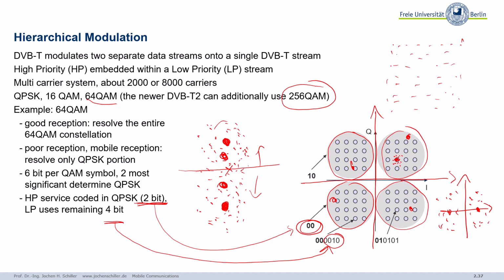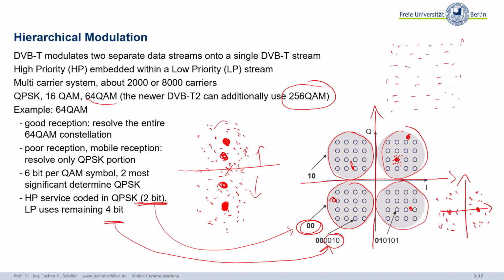So, under good conditions, you can watch the soccer game and you see the ball. Under bad conditions, well, you see at least there's the green lawn and maybe something like this, but you may not be able to follow the ball, for example. But at least you will see some pictures, but not a high frame rate. Or you could code the picture in high priority, but the color in low priority, then you could receive something in black and white.